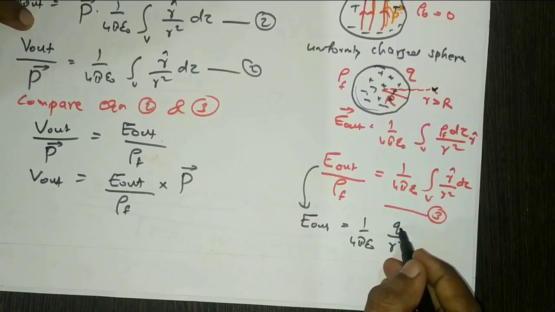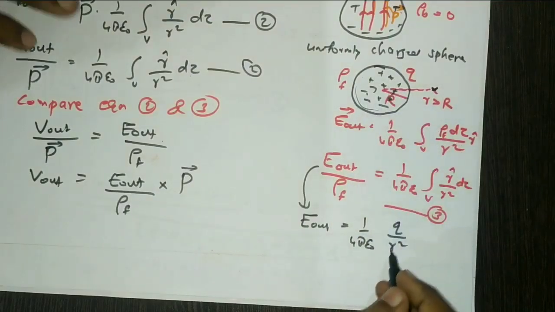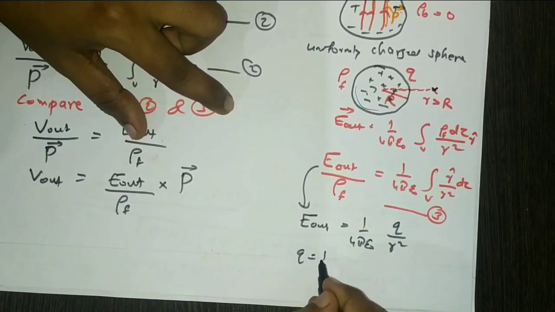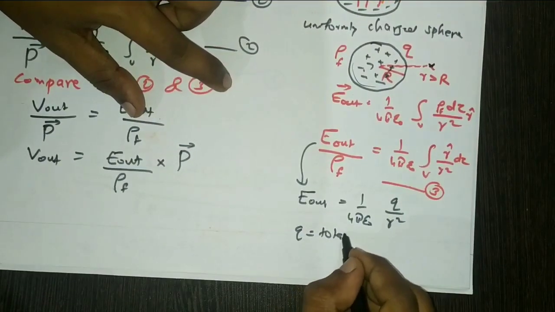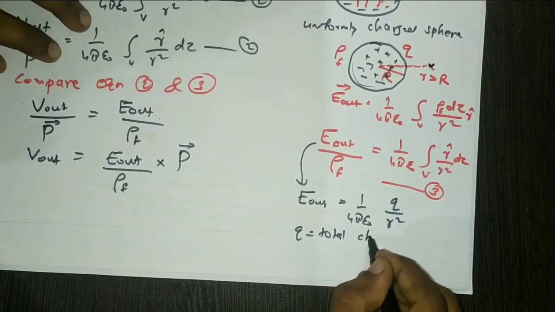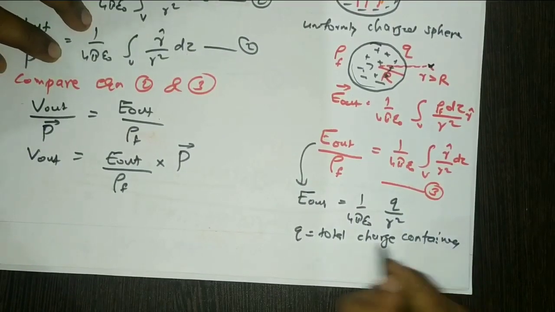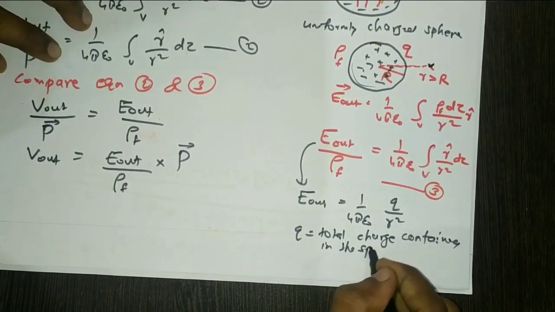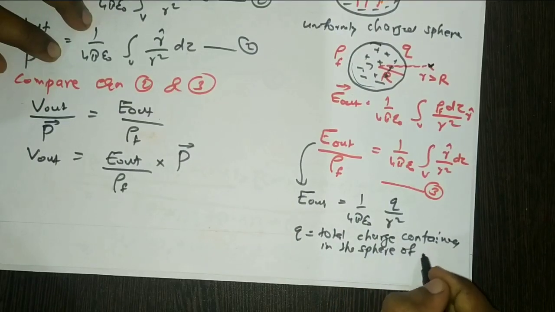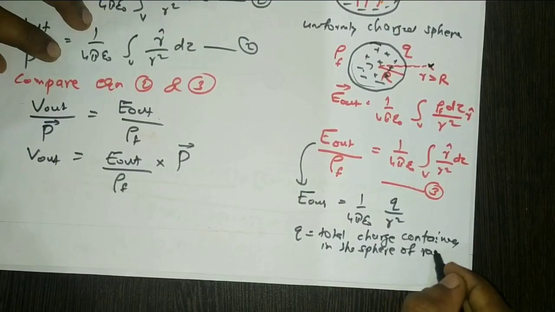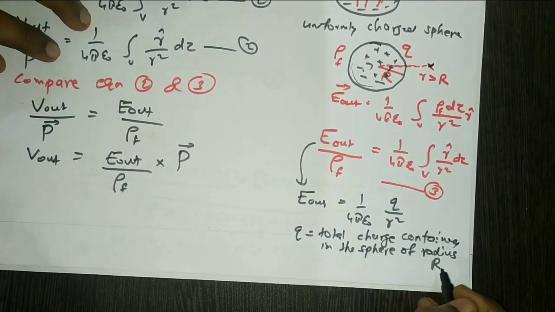Here Q is the total charge contained in the sphere of radius r.